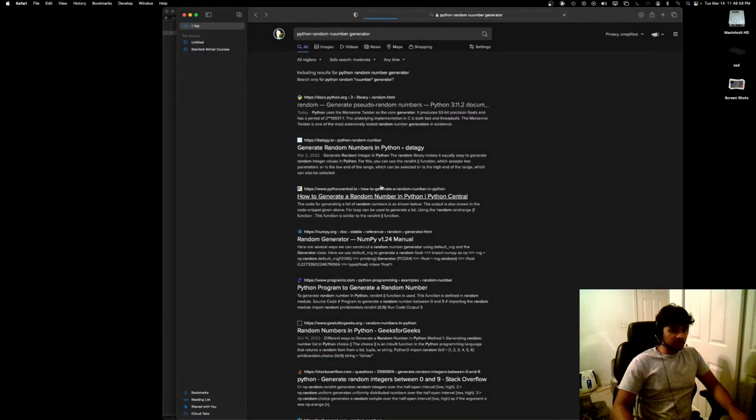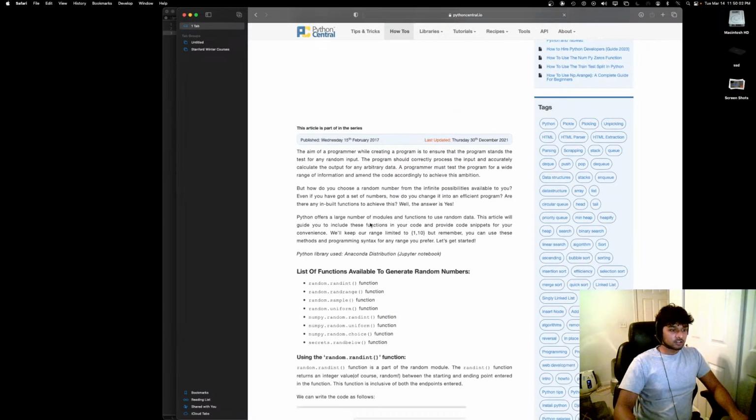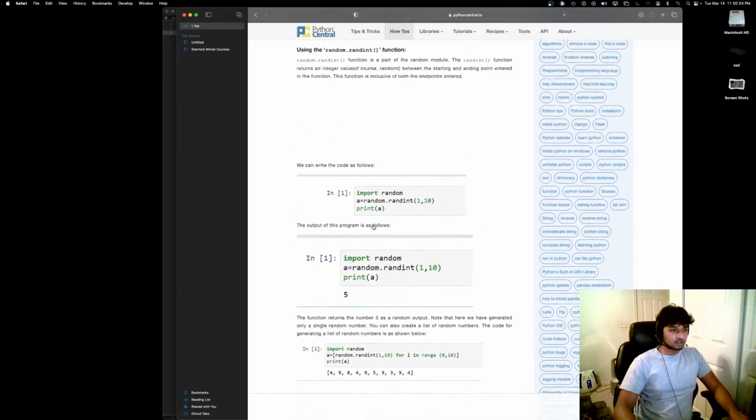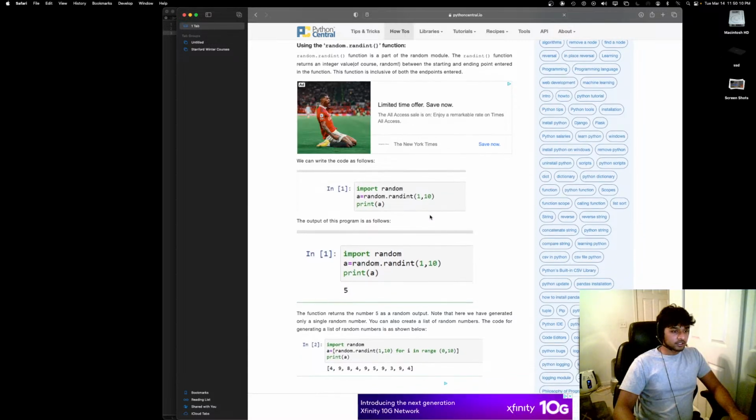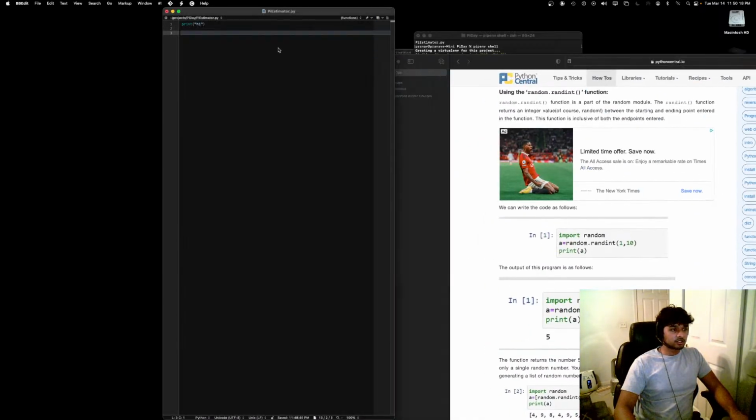Oh, that looks horrible. Okay, how to generate a random number in Python. Import random, randint 1 to 10. Seems pretty simple. That seems very simple actually.